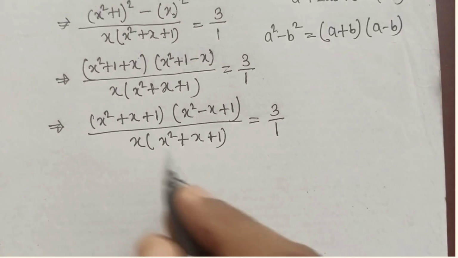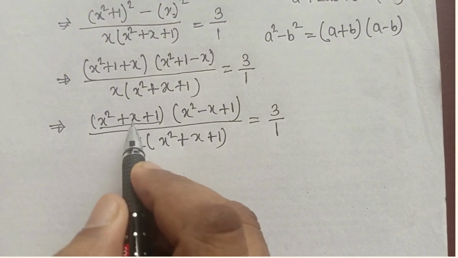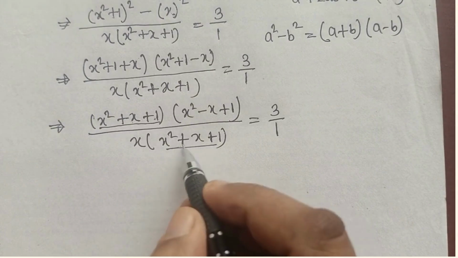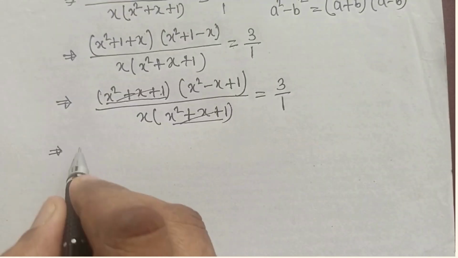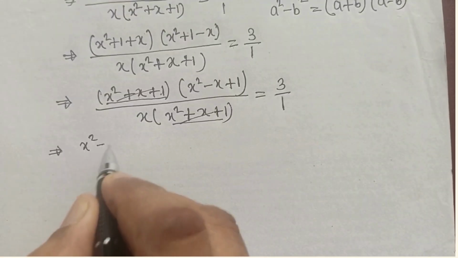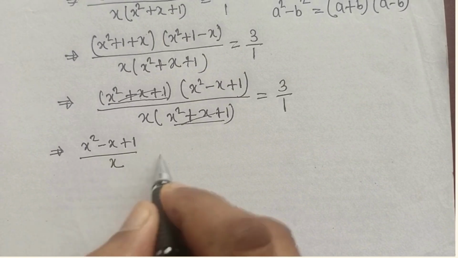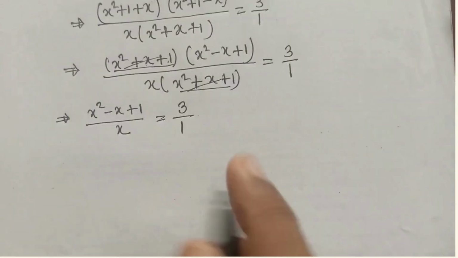Now here we got one same expression, that is x^2 + x + 1, and here also x^2 + x + 1, so that will cancel out, and the remaining part will be (x^2 - x + 1)/x = 3/1.